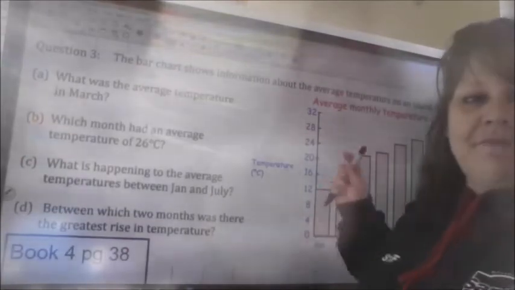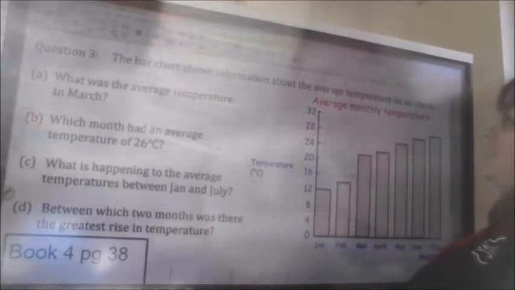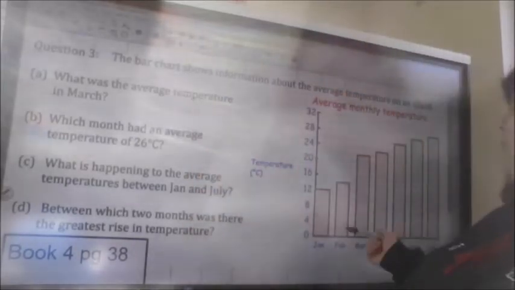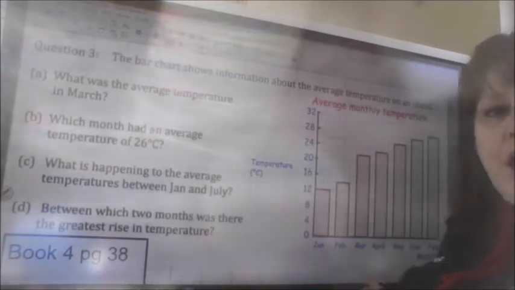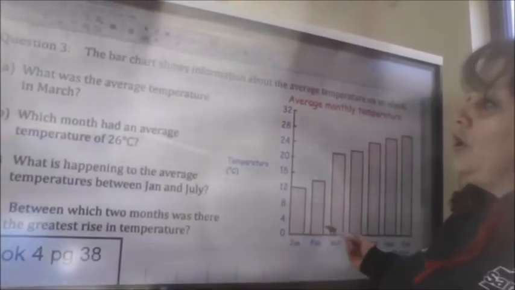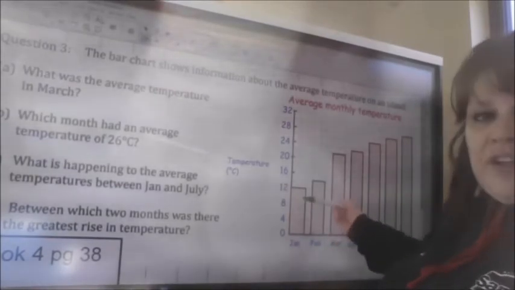So this time, the information on the chart tells us about the average temperature on an island, hopefully a nice sunny island. Okay. So we've got January through to July. We haven't got the whole of the year, but we've got January through to July. And what we're going to do is we're going to have a little look, do the same thing.